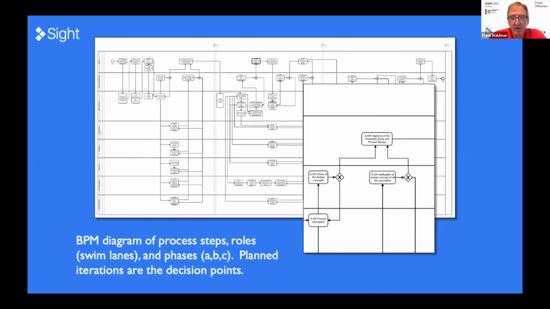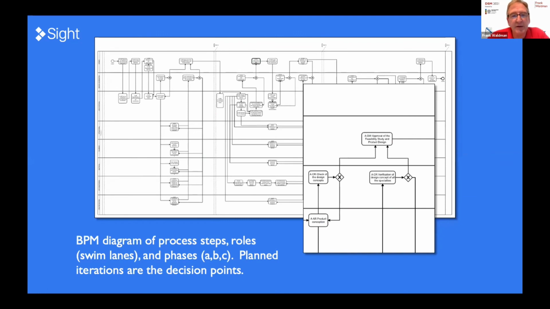This is a diagram of a typical, in this case, a construction project that has a number of phases, and all of the roles that are involved in the project have their swim lanes, and you just sort of lay out the flow of how things are to be executed.